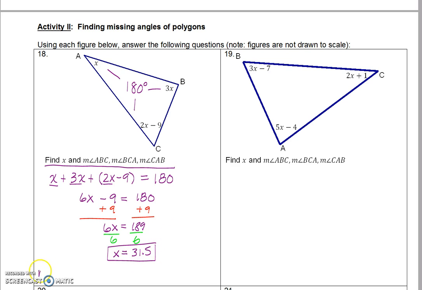So the measure of angle, and I'm just going to call this the measure of angle A, I do not need three letters to name that angle. The measure of angle A is 31.5, and here's where the degree symbol comes in. The measure of angle B is 3 times that value.